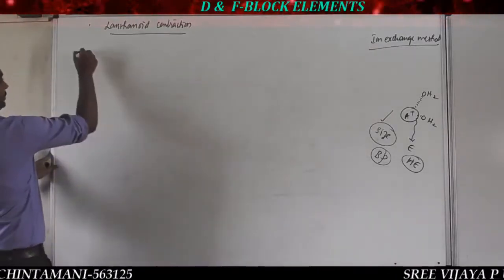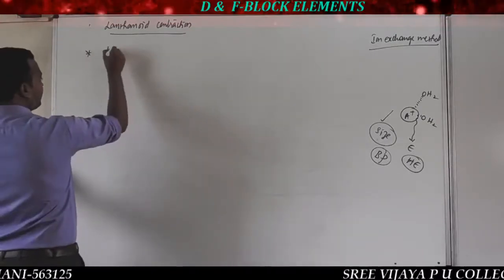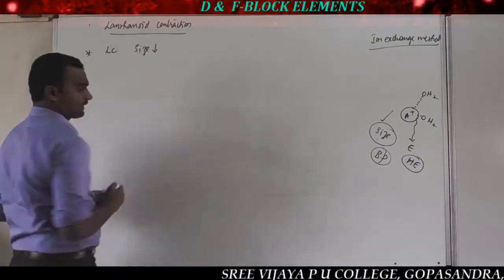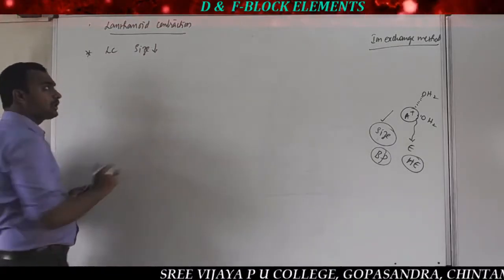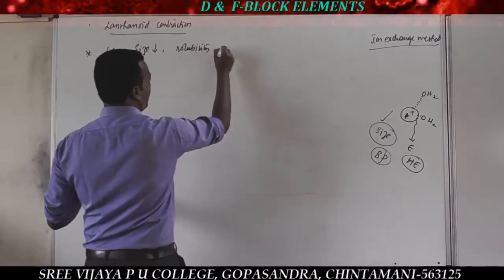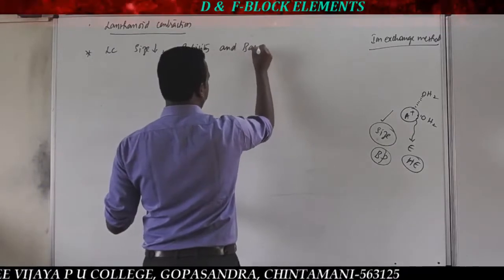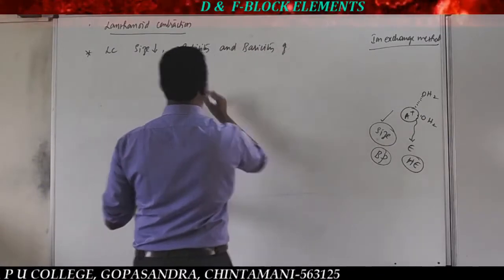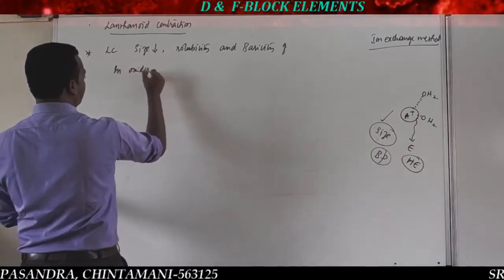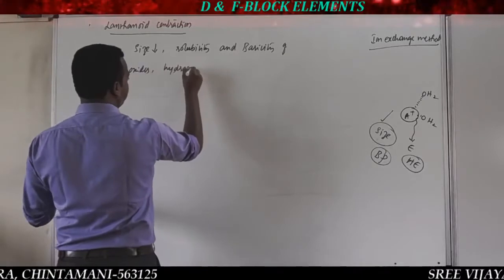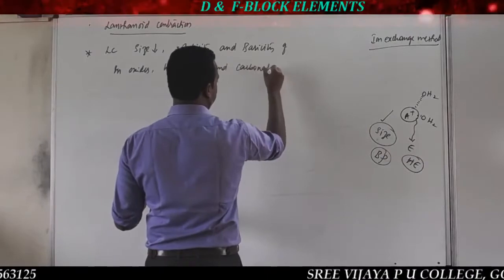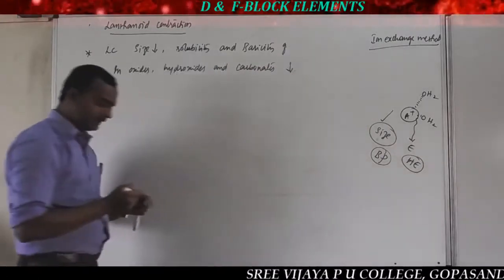And one more very important point: due to lanthanide contraction, the size of the lanthanide ions goes on decreasing from cerium to lutetium. Because of that, the solubility and basicity of lanthanide oxides, hydroxides and carbonates also decrease. This is very, very important.